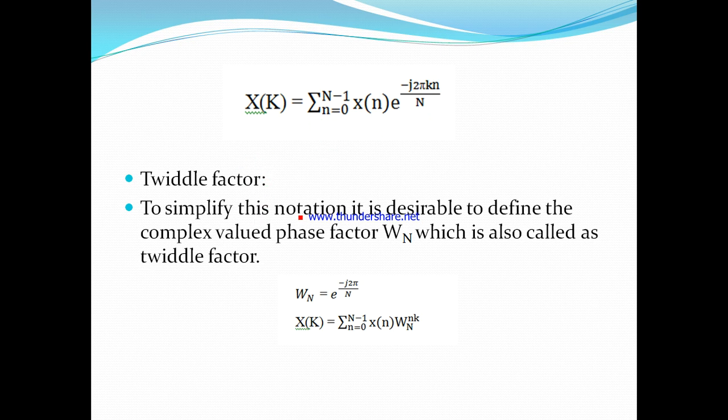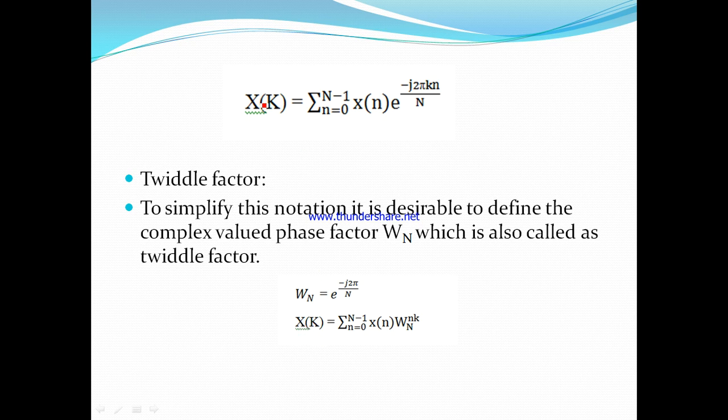With the help of the twiddle factor, we can easily simplify X of k, that is, simplify the discrete Fourier transform expression. WN is the twiddle factor equal to e power minus j 2 pi by N.